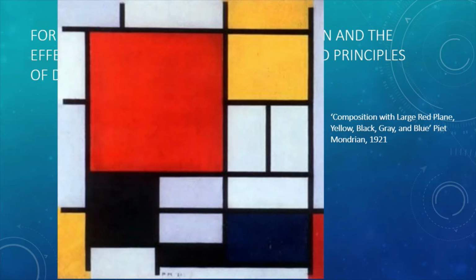In this composition, the artist has used line and color to pull the viewer's eye around the painting to the focal point, which is the large red square. He used size, proportion, color, and line. Therefore, this one would be successful with formalism.